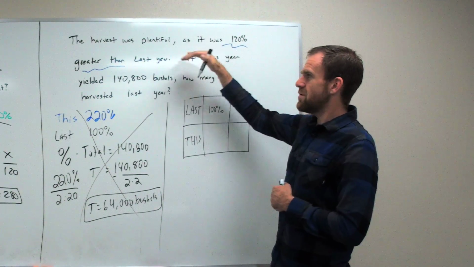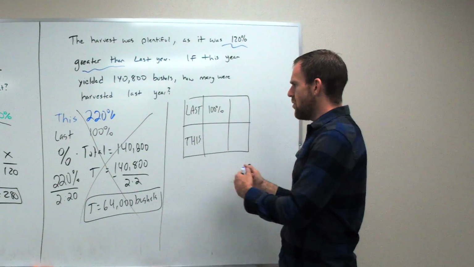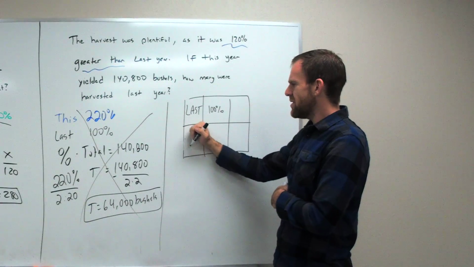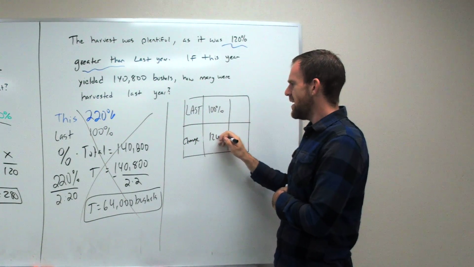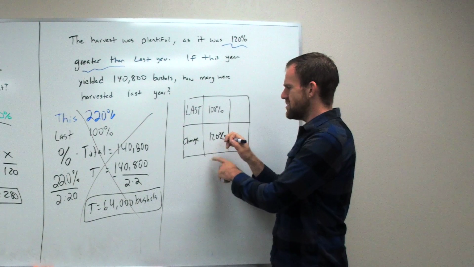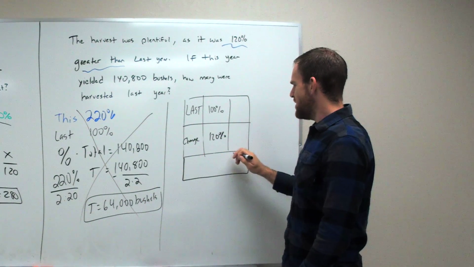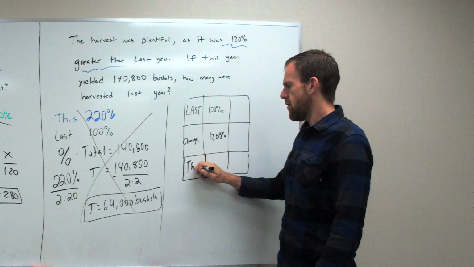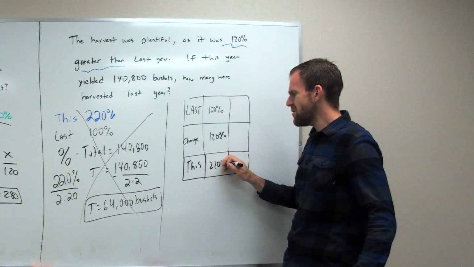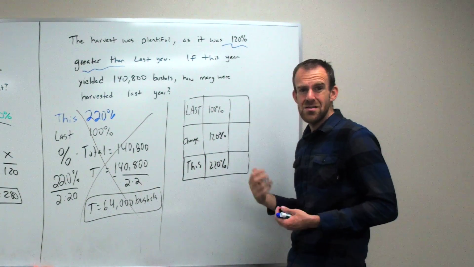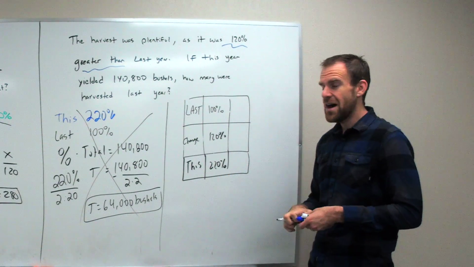And now we have 120 greater. So some people even like to do change. So we increase by 120%. And so this year, we have 100 plus 120, which is 220. That's where I got that 220 number from. So if that helps you, write it out that way.